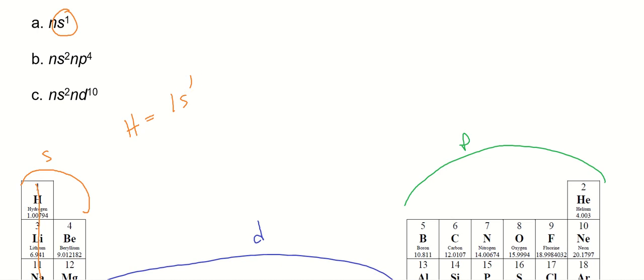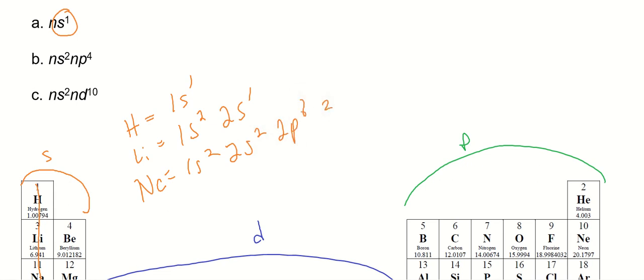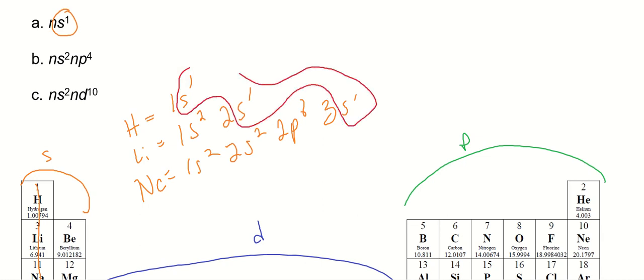The next one down is lithium, which has an electron configuration of 1s2, 2s1. And then sodium will have 1s2, 2s2, 2p6, and 3s1. I'm just going to highlight the s1. They all end in s1.